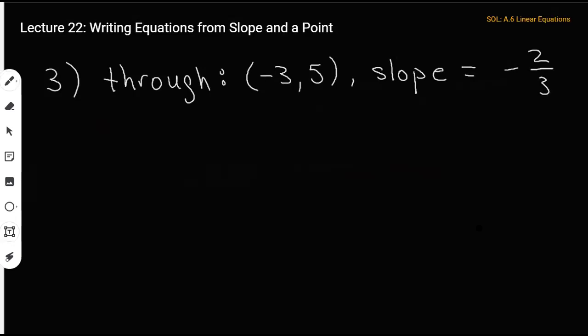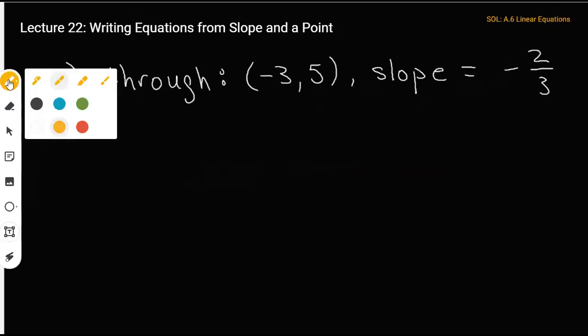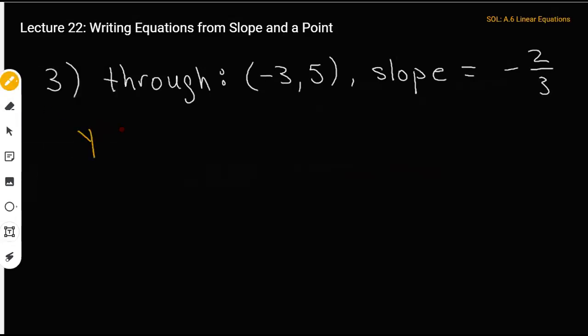Now, as usual, I'm going to be using y = mx + b. So I'm going to write that down first. And then I'm going to put in all the information that I know. So first of all, my y value is going to be this +5 because the y value always comes second in the ordered pair. So I'm going to let y be 5.